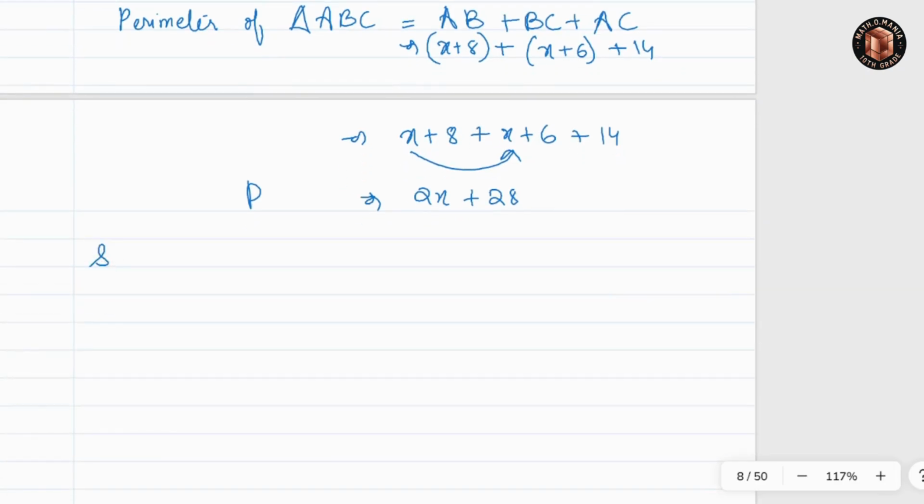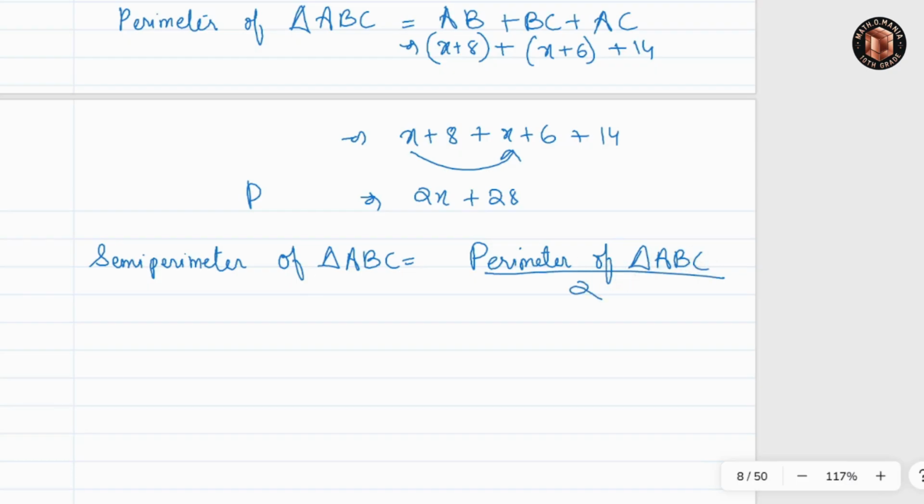Now, from here I can find the semi-perimeter, right? Because in our equation we are using semi-perimeter S. Semi-perimeter of triangle ABC equal to what? Equal to perimeter of triangle ABC divided by 2. Half of perimeter is semi-perimeter.